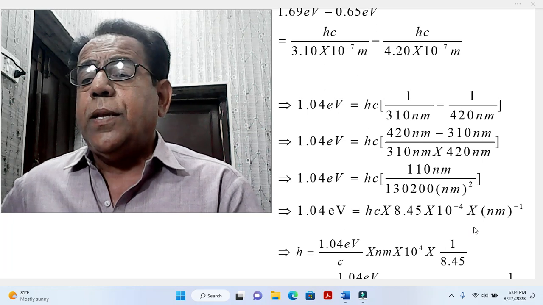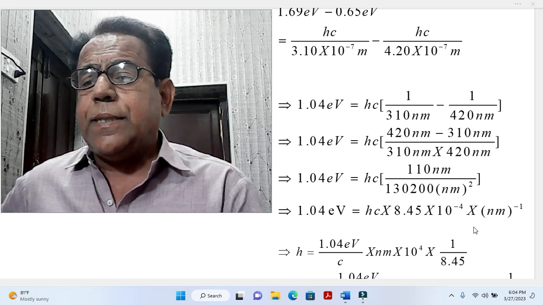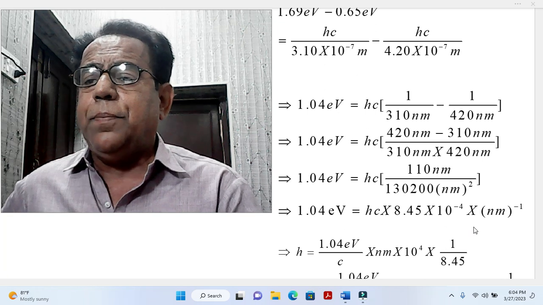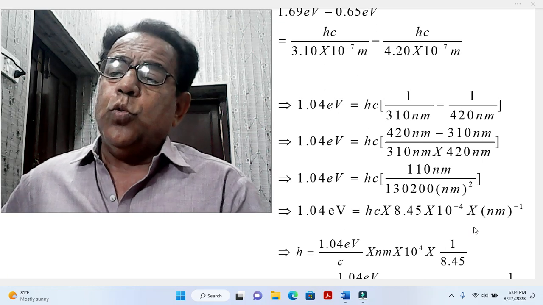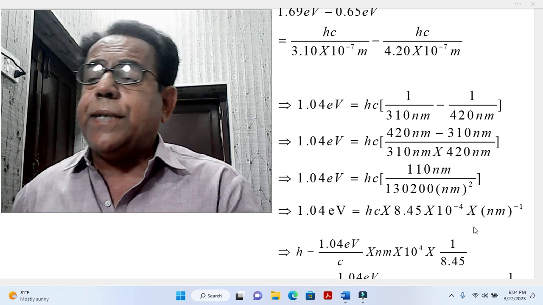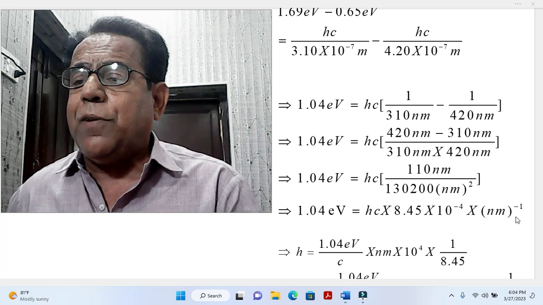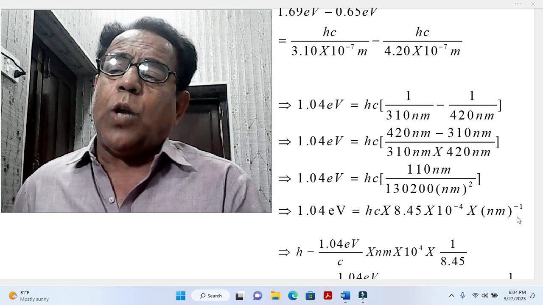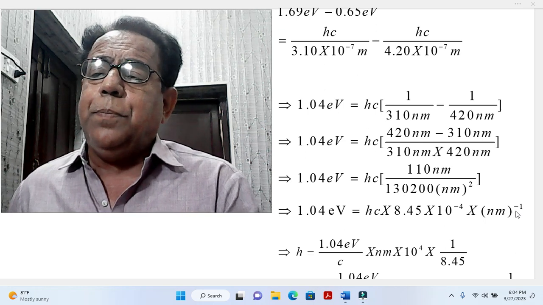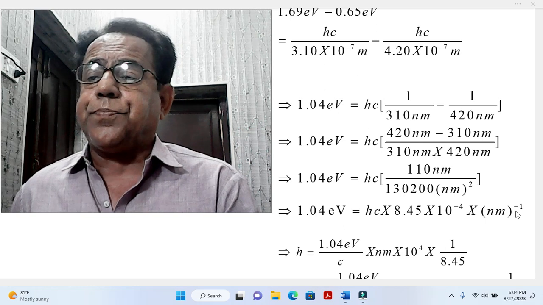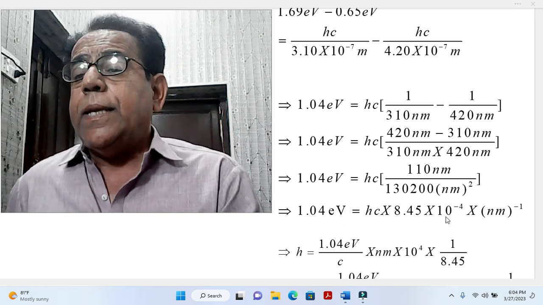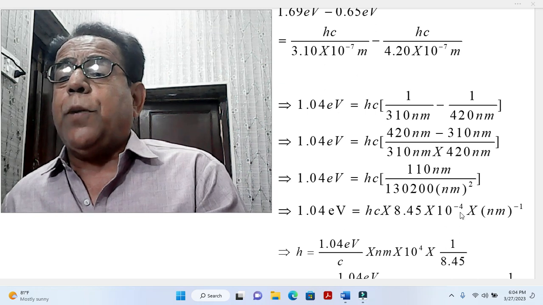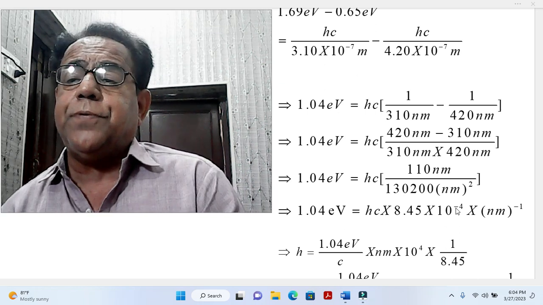So H is equal to 1.04 electron volt divided by C into nanometer, because here nanometer is raised to the power minus 1, but after being shifted to the other side of equality, this minus 1 will be converted into plus 1. Moreover, this 10 to power minus 4 will be converted into 10 to power plus 4 after being shifted to the other side.